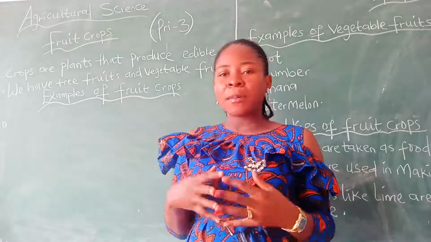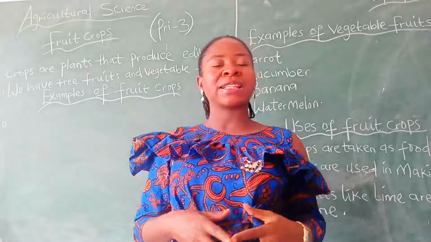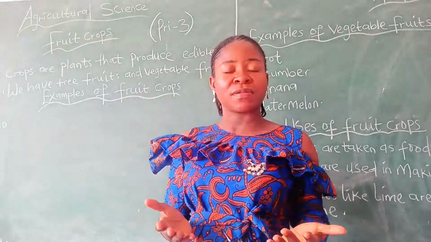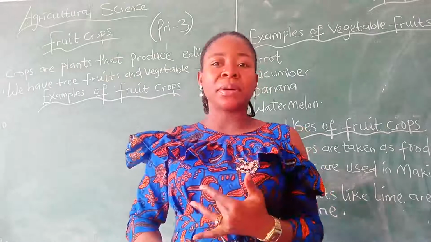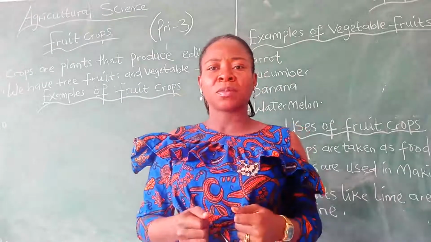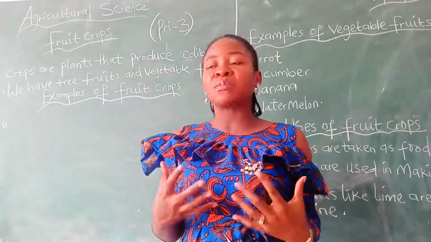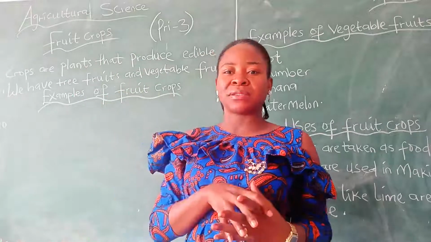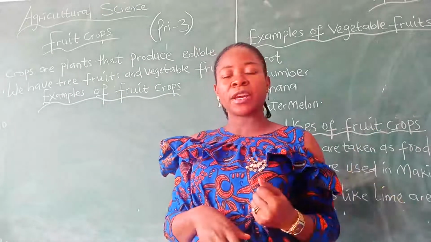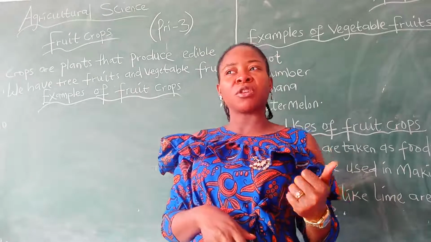Sometimes your mom will tell you, go and buy me Fanta. You say, Mommy, what kind of Fanta? Fanta naranja. I think naranja is orange. We have Fanta lemon, we have Fanta orange, and many of them. Why are they called Fanta orange? It's because it's made with orange. When you buy your fruit juice, there is this juice that they call frutas.